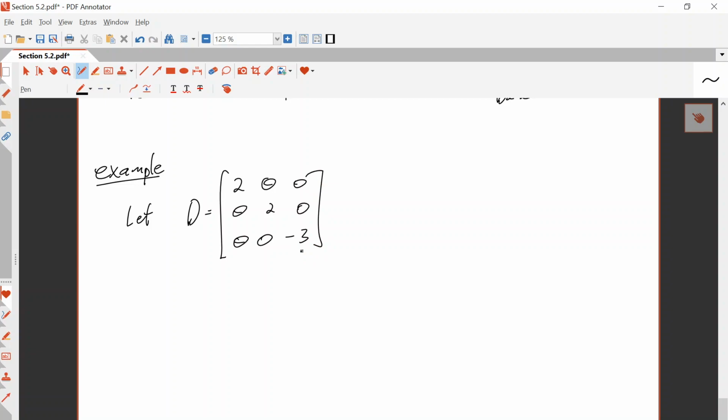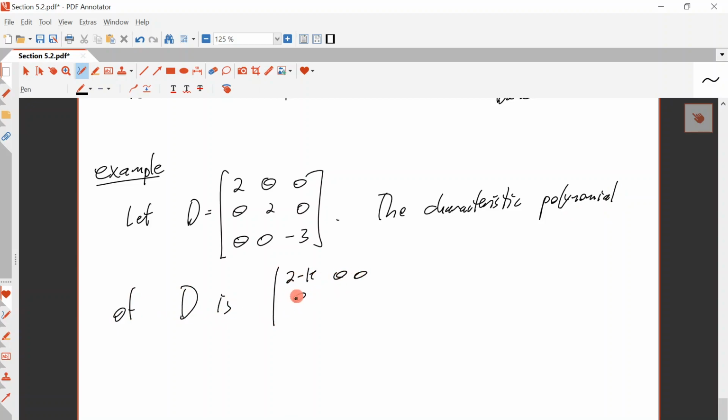Right? With the diagonal matrix, the characteristic polynomial of D is, well, it's the determinant of 2 minus K, 0, 0, 2 minus K, 0, 0, minus 3 minus K. Right, so this determinant is equal to 2 minus K, 2 minus K, 3 plus K. Right, so the eigenvalues are 2 and minus 3.